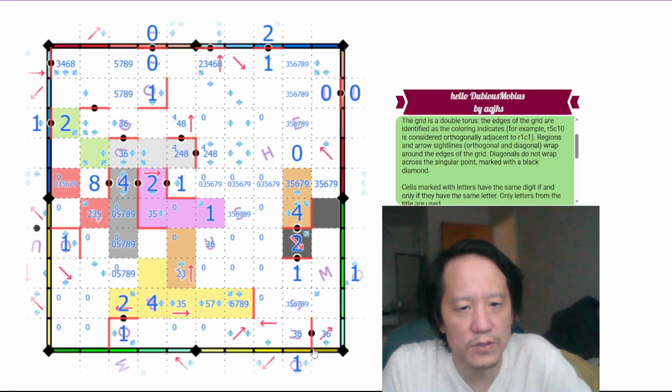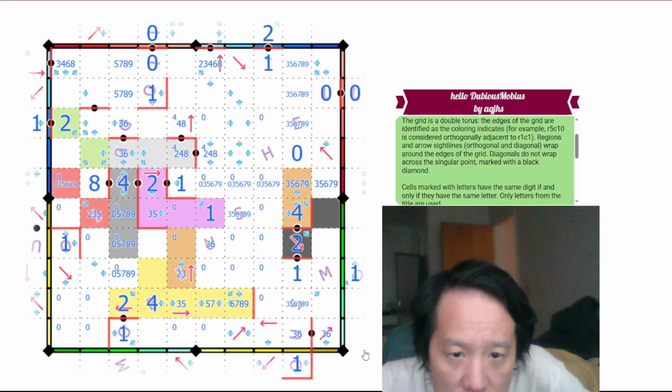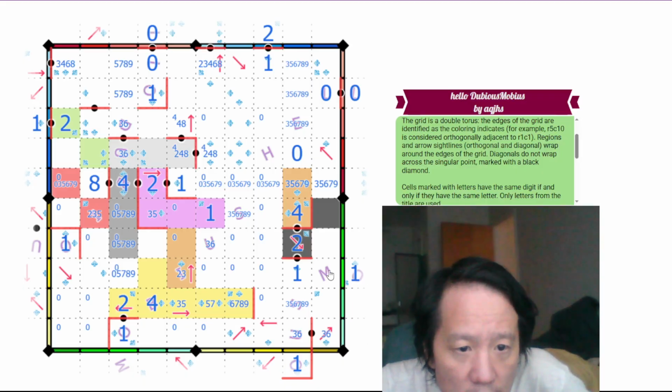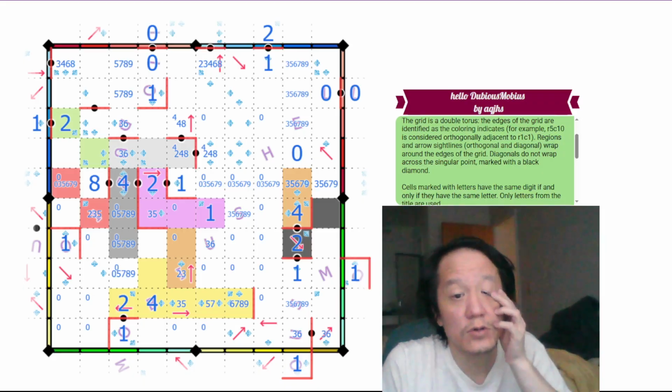Okay, well, we know this is a border and this is a border. Okay, so this is a border here. And opposite here, so that's a border.